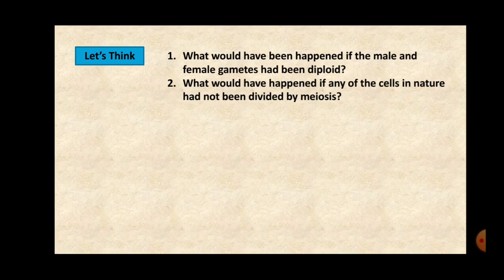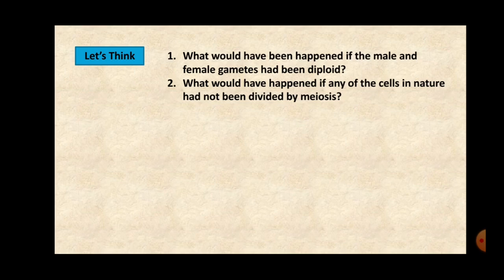That is why meiosis takes place and the male and female gametes are haploid, and after the fusion they become diploid.